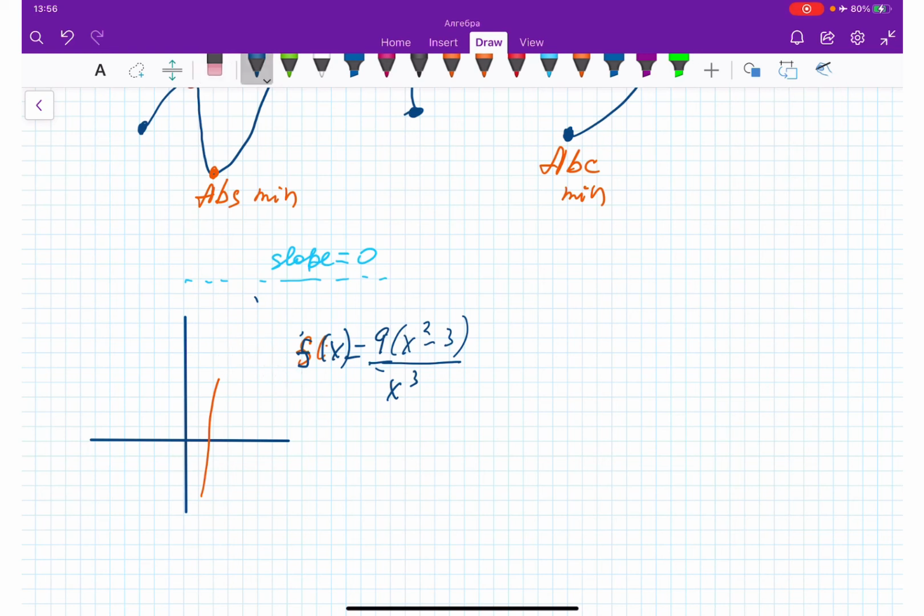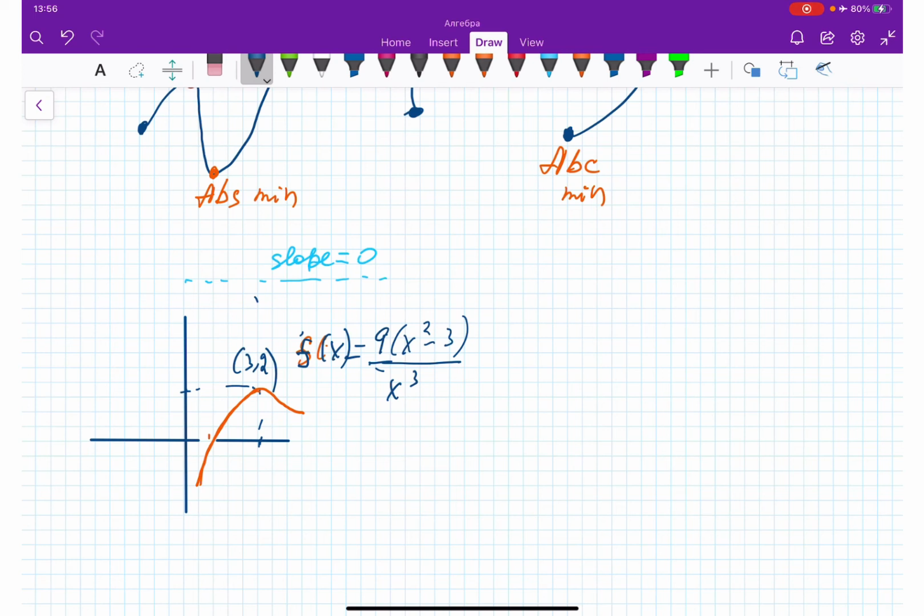If this is 3, let's say 2 is going to be somewhere here. Okay. So it's going to go like that. Okay. And this is going to be 3 and 2.